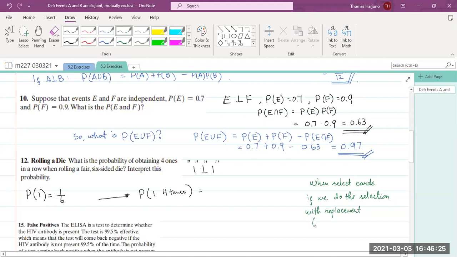In other words, selected item may be selected again.